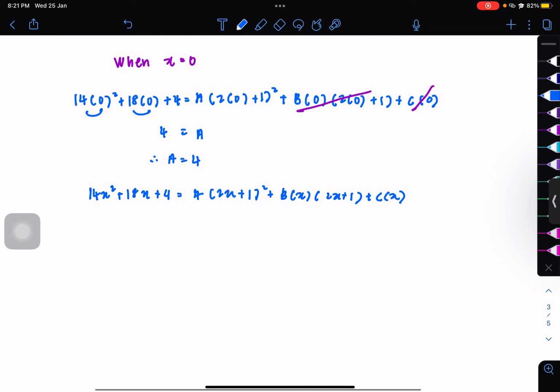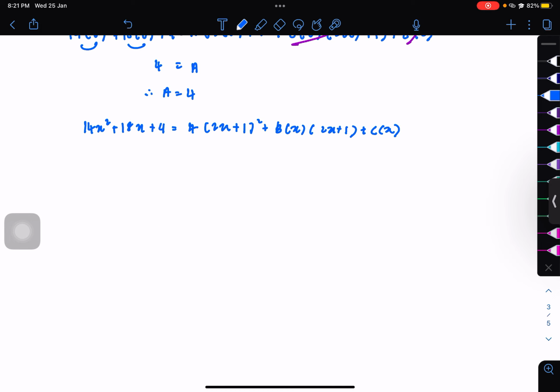Okay, so now we must think again how to make sure that we can find the value of B and C. So this one you must think how to get the value.